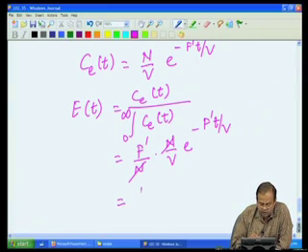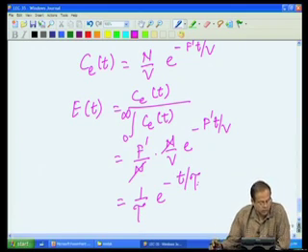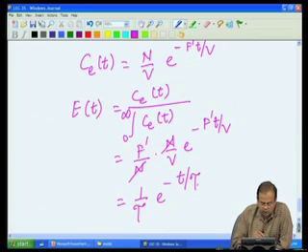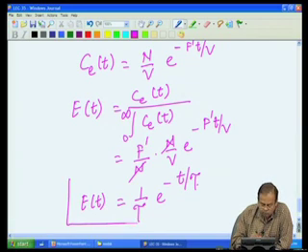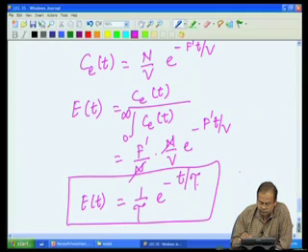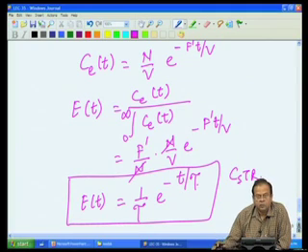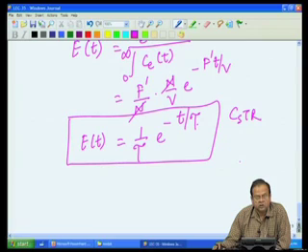F prime by V is nothing but our mean residence time tau, so E of t is e raised to minus t by tau, divided by tau. Okay. So, this is my exit age distribution for a CSTR, a continuously stirred tank reactor.